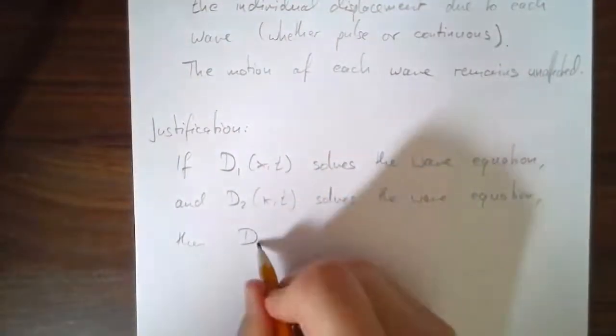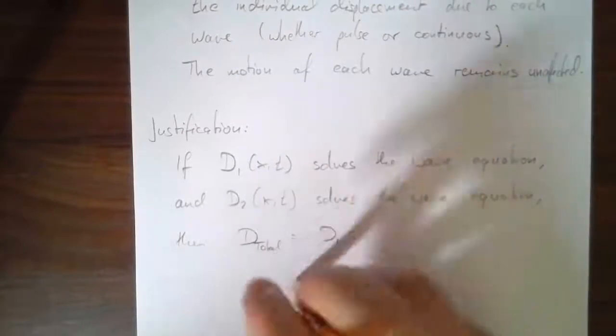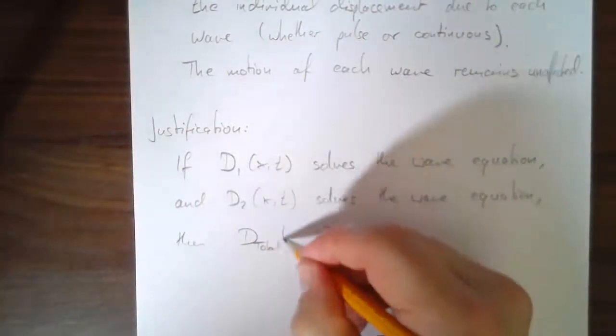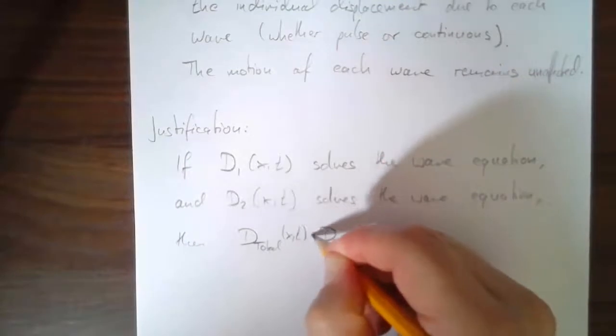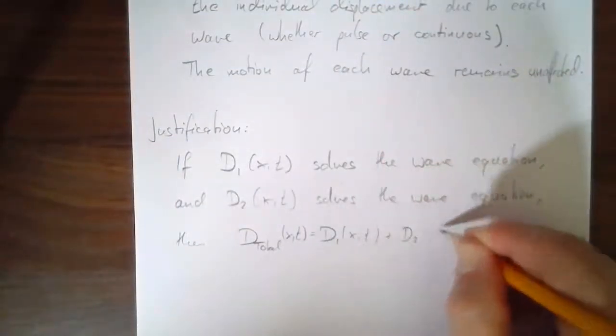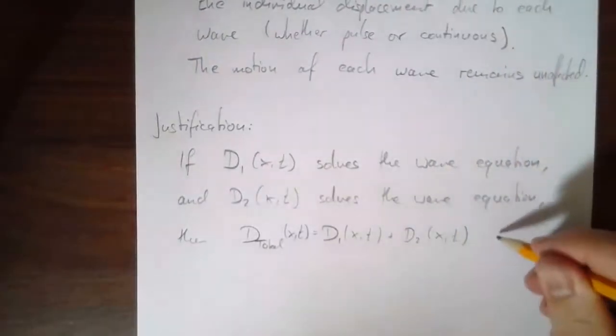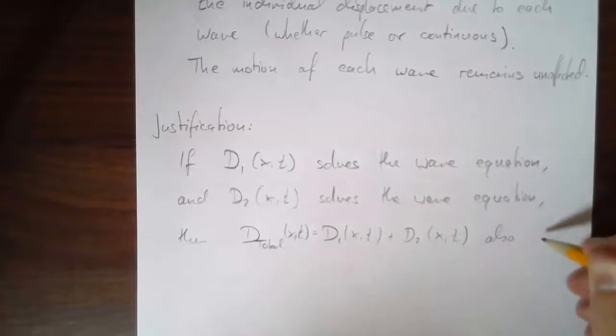Then d_total equals d1(x,t) plus d2(x,t). That also solves the wave equation.